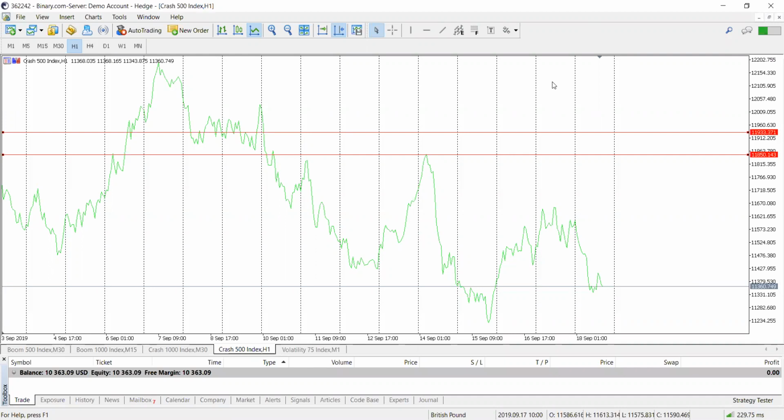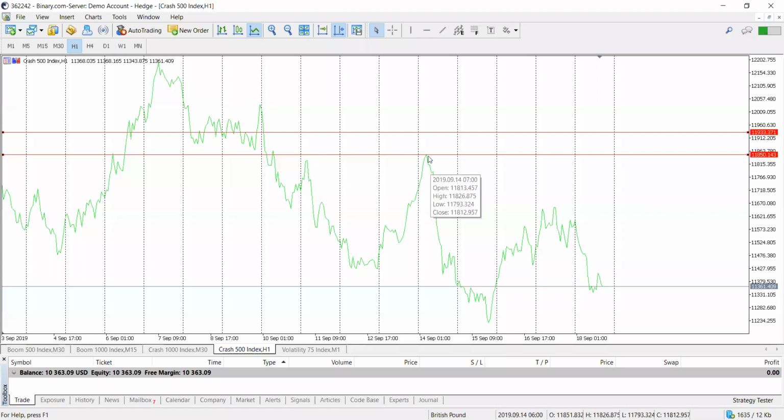Okay, right. This is how I want you to draw your supports and resistance. This is a 1 hour chart, by the way. How you draw your support and resistance, you look for price like this, where price went high and rejected very strong.